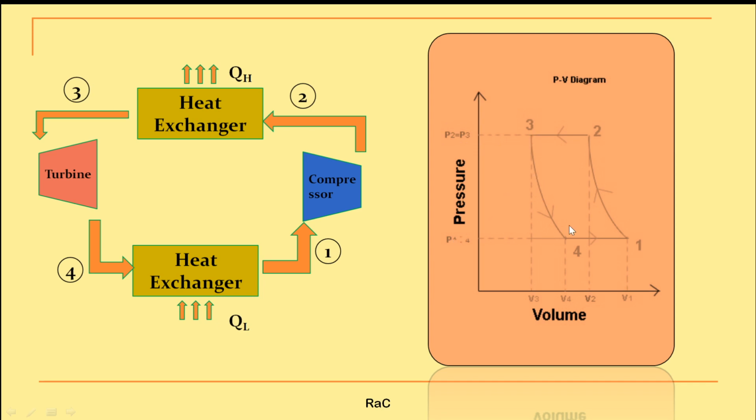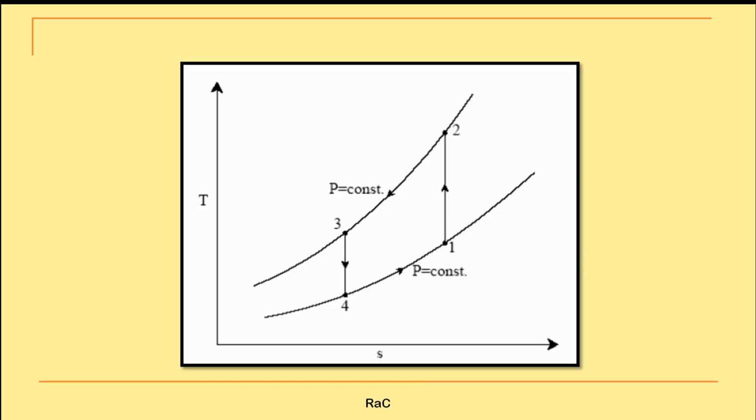Again, there will be an expansion 3 to 4 isentropically in the turbine, and finally 4 to 1, heat will be absorbed from the space to be cooled isobarically, at constant pressure. So these are the four processes. The only difference is that the two isothermal processes are replaced by isobaric processes in a Bell-Coleman cycle or reversed Brayton cycle.